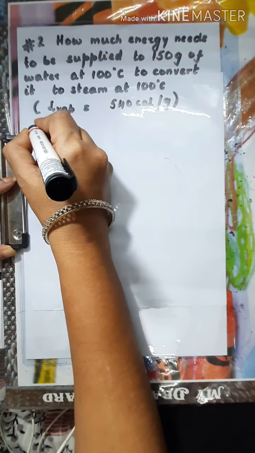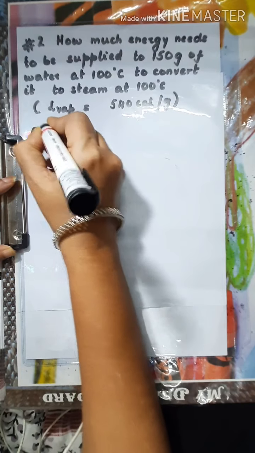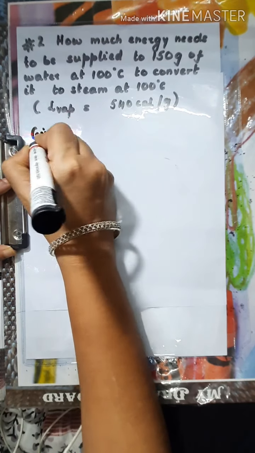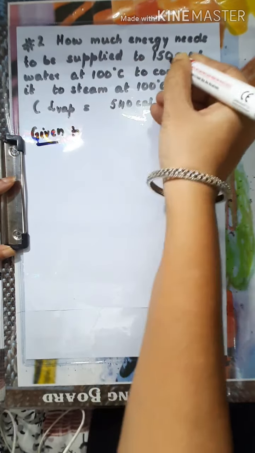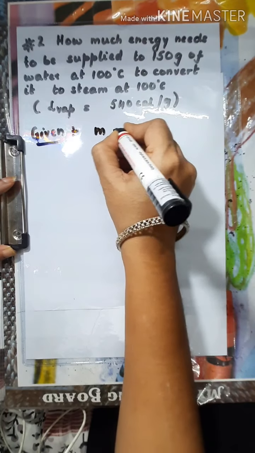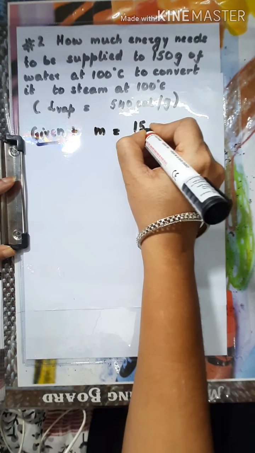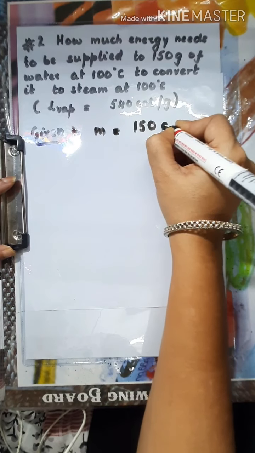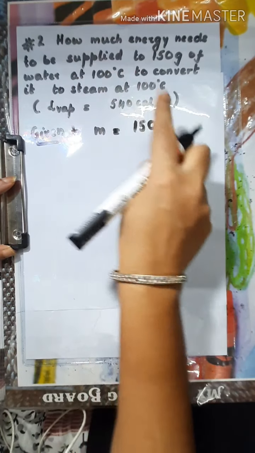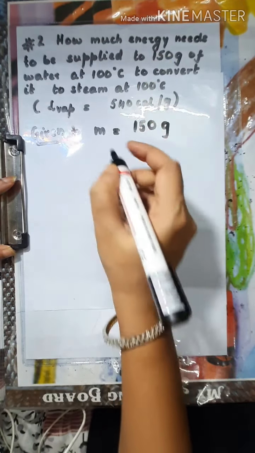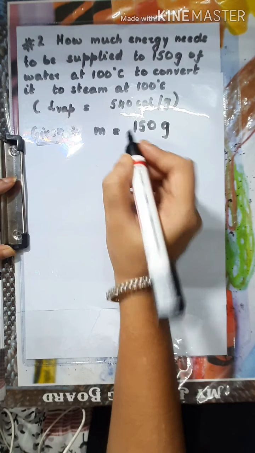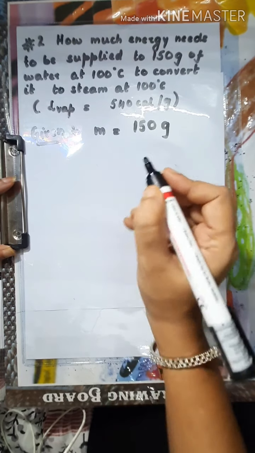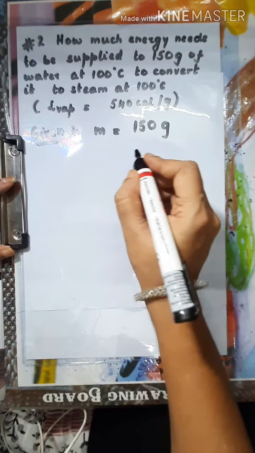So now what is given to me? It is given to me that the mass of water is 150 gram. I am converting water to steam. So in this case, I am not interested in T1, T2, right?